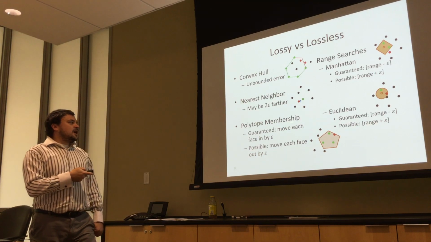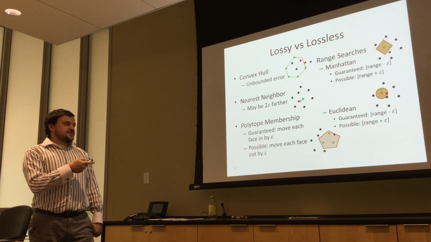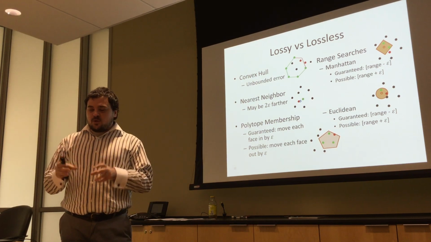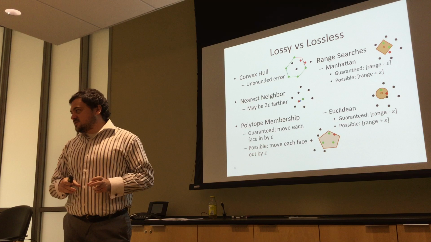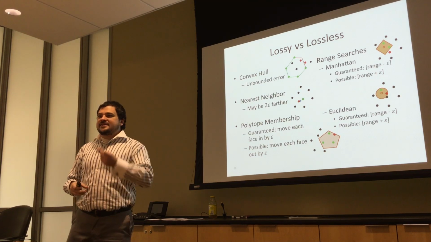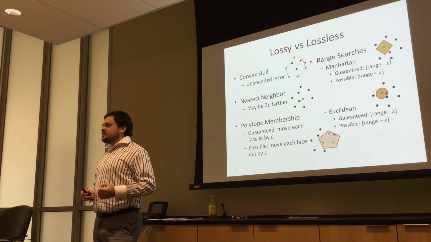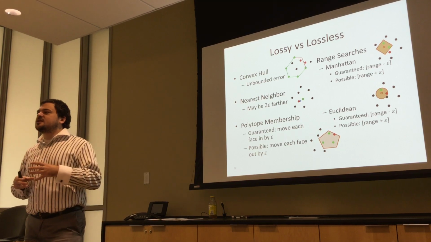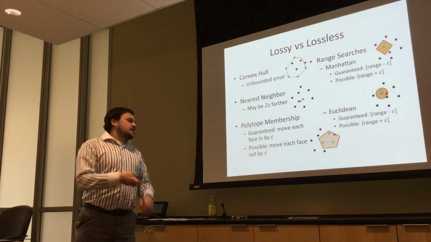And then for polytope membership and range searches, what I've done is return the points in two different point sets. The first point set is all of the points guaranteed to fall within that figure. We obtain that by shrinking the figure by epsilon.